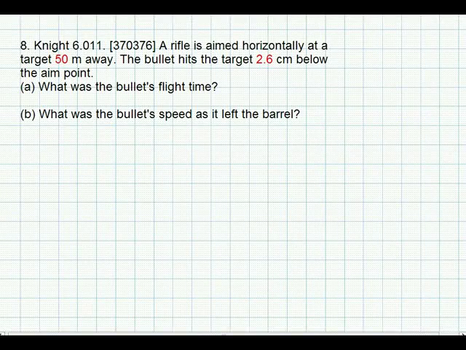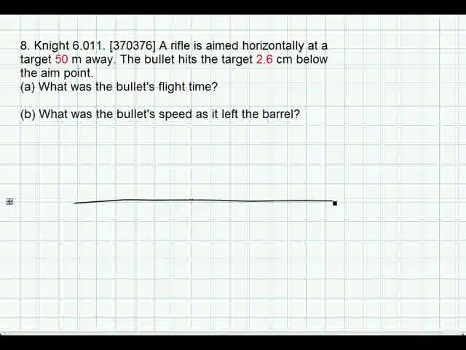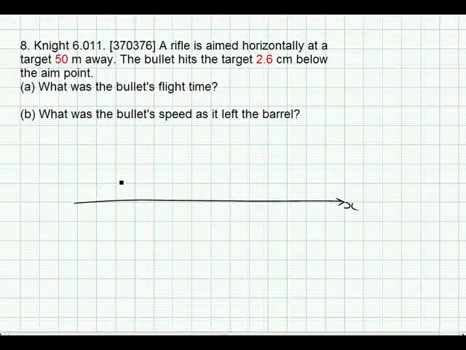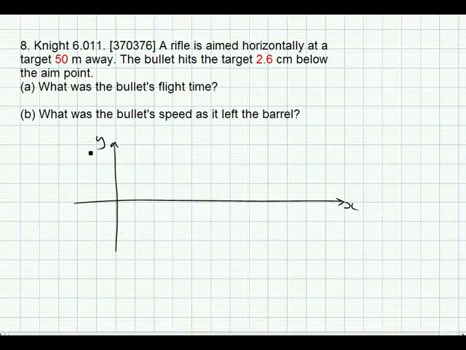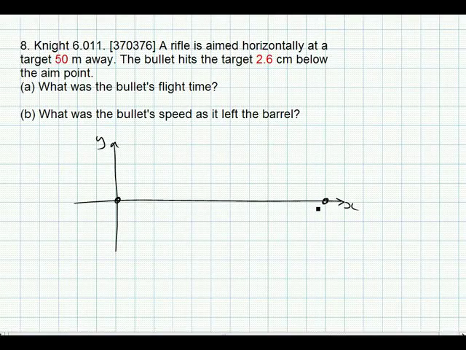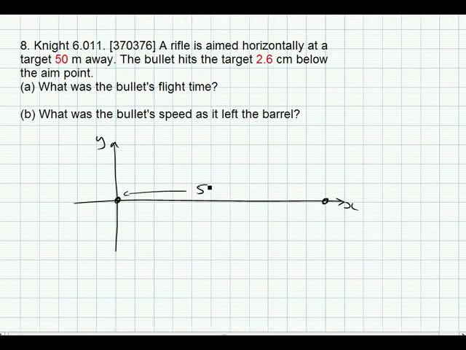Rifle is aimed horizontally at the target 50 meters away. So let me do, it's my x-axis, it's my y-axis. There's the bullet, here's the target, it's aimed horizontally, and this here is 50 meters.